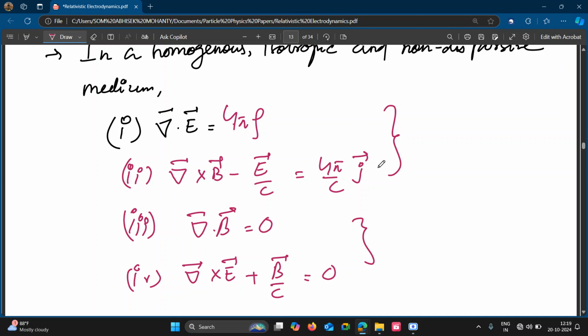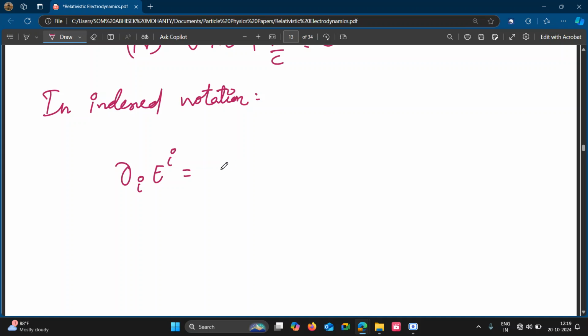So if I write them in indexed notation, Maxwell equations will be del_i E_i is equal to 4 pi by c J_0, which is your temporal component. This is the first one.